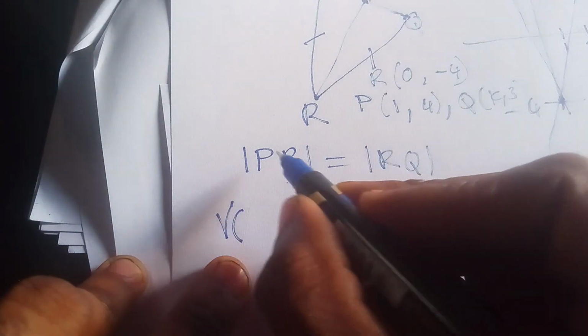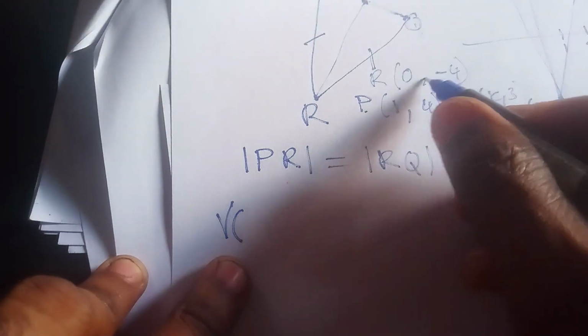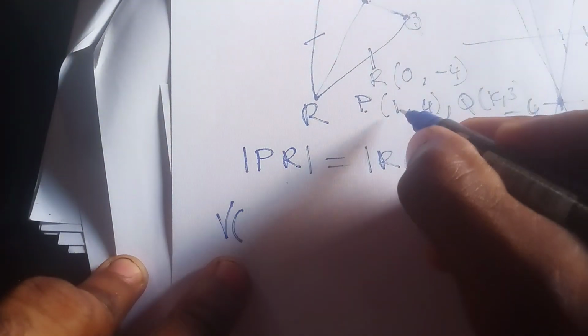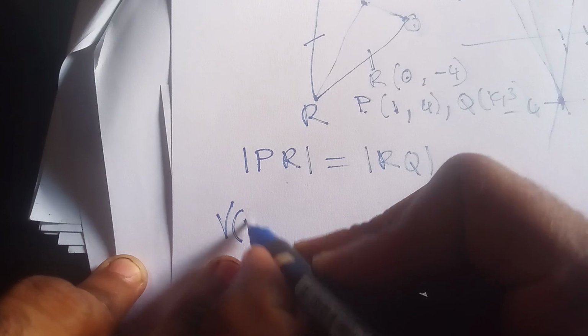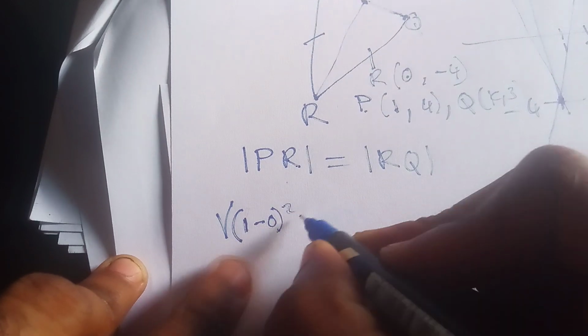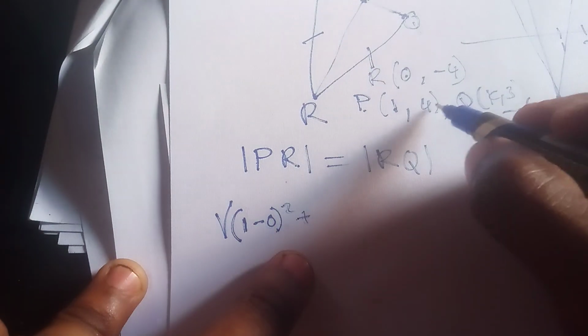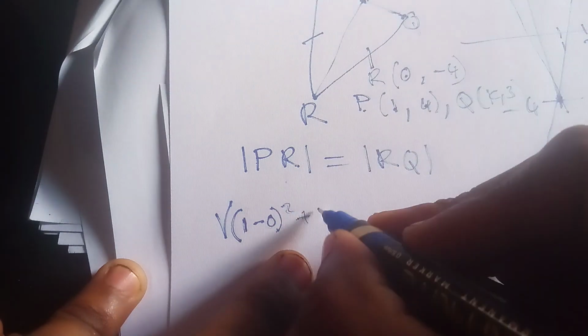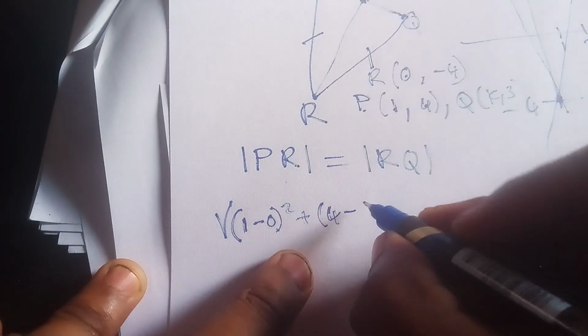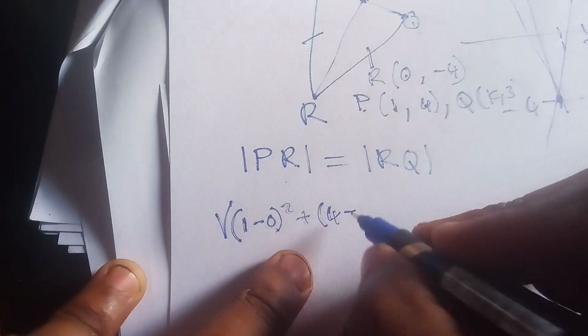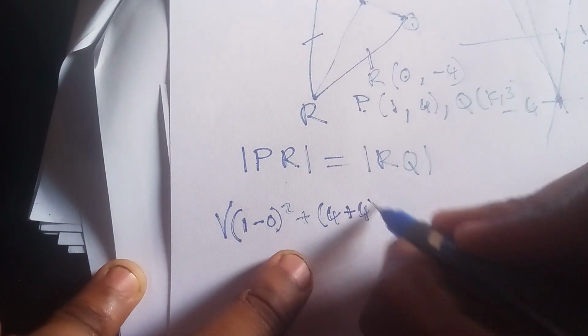we can say PR, the distance from P to R, will be the square root of (1 minus 0) squared plus (4 minus negative 4) squared, where minus and minus will just be a positive.